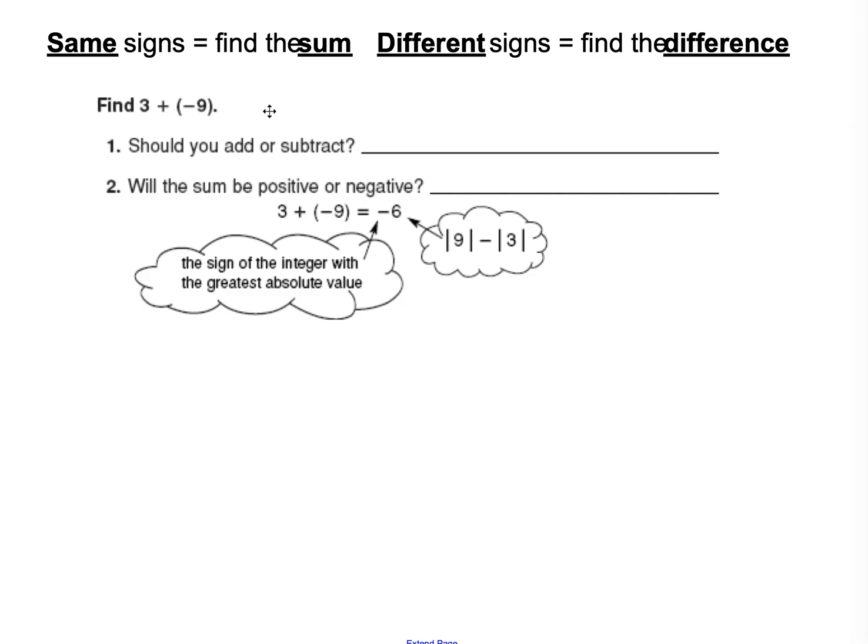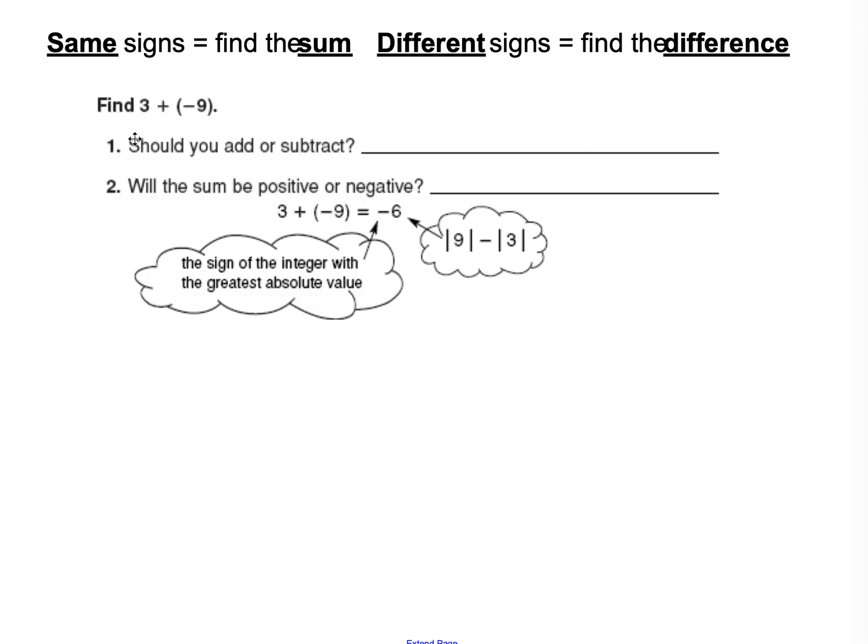So for our first problem here, 3 plus negative 9. The first thing you have to do is think about whether or not you're adding or subtracting. Now there's an addition sign here, so technically we are adding our two numbers. But when I'm thinking about what I'm doing with the absolute values, same sign, find the sum, add. Different signs, find the difference, subtract. So I have different signs. What am I going to do?